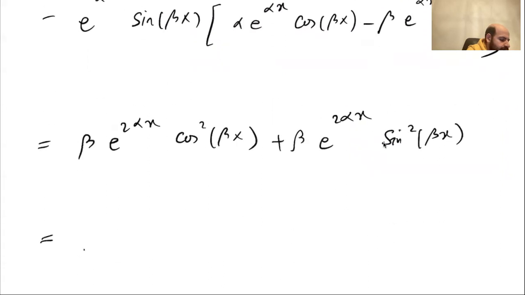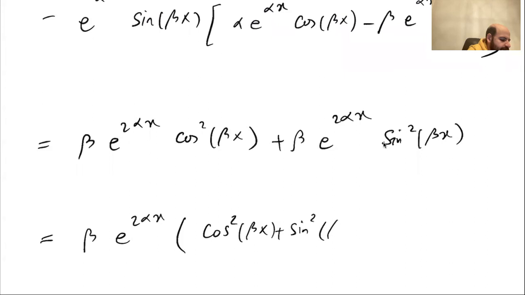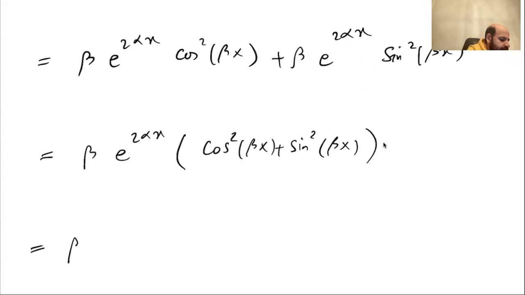And this one I can write as beta e to power 2 alpha x times the bracket cos squared beta x plus sine squared beta x. Cos squared plus sine squared is always 1. And then this is beta e to power 2 alpha x, which is not equal to 0 for every x.